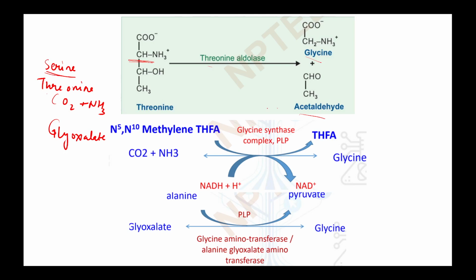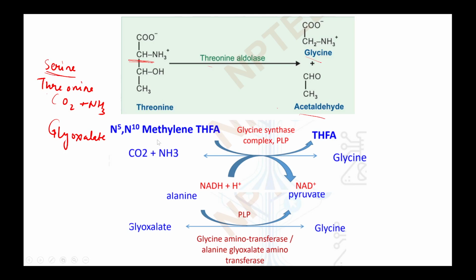Then we have the next substrate, carbon dioxide and ammonia, that can synthesize glycine with the help of the enzyme glycine synthase, and it actually takes up the methylene group from N-methylene tetrahydrofolic acid. So remember, in case of serine hydroxymethyl transferase, tetrahydrofolic acid was taking the hydroxymethyl group to form N-methylene tetrahydrofolic acid.